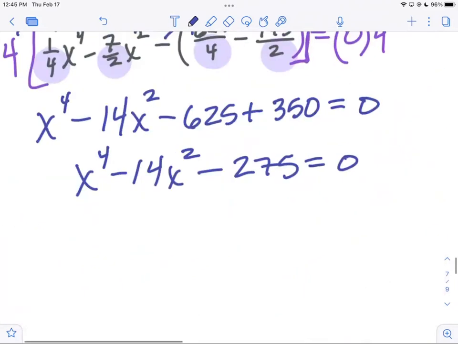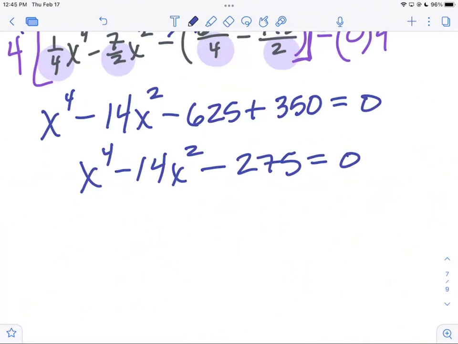Now, if you're trying to factor this, it doesn't matter if it's x squared and x or x to the 4th and x squared, as long as the larger degree is twice the smaller, you could factor like you normally would. Now, this could factor into x squared plus or minus something times x squared plus or minus something. Your target product is negative 275. Your target sum is negative 14.